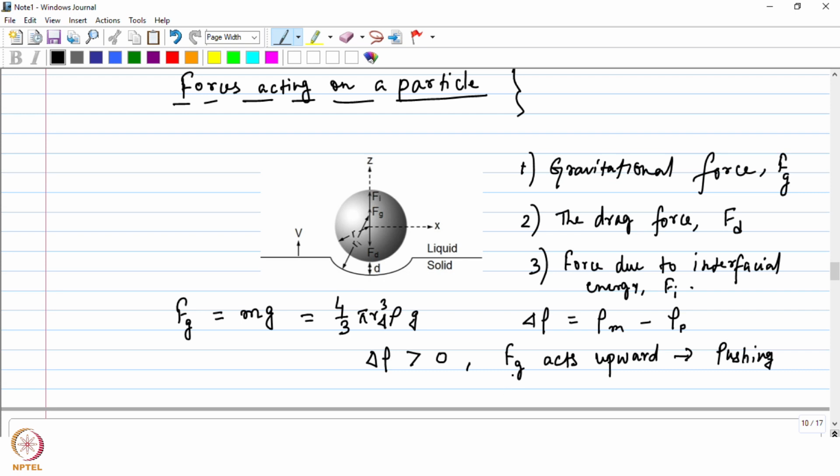So this Fg acting upward is not good for uniform distribution of particles. This will rather lead to pushing or clustering of particles.